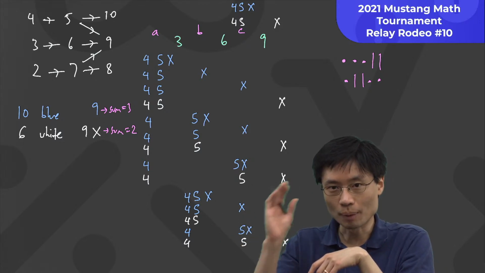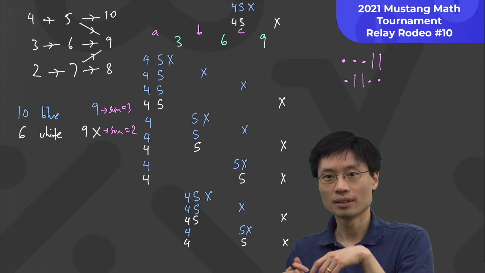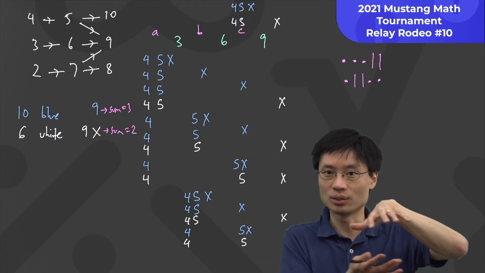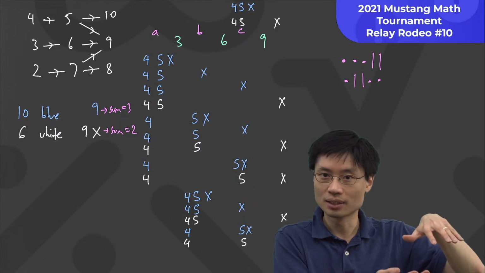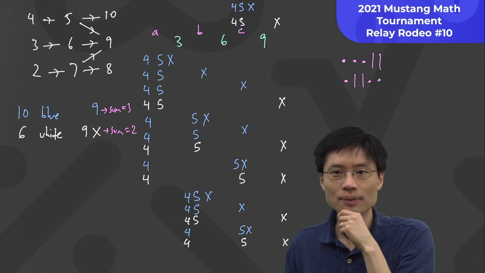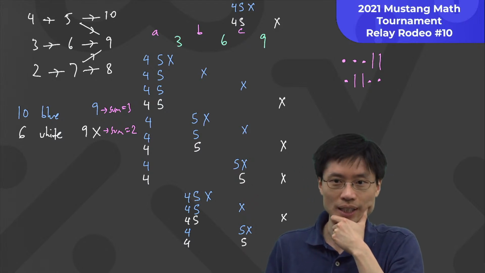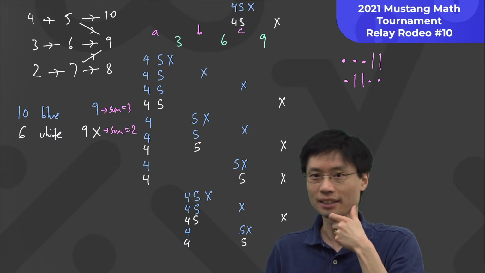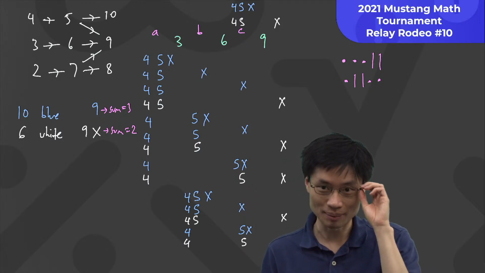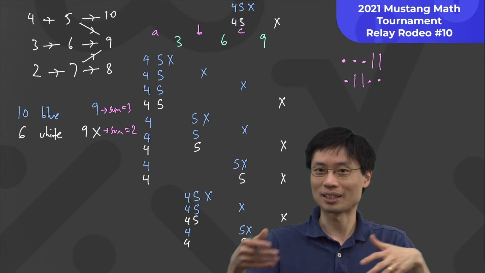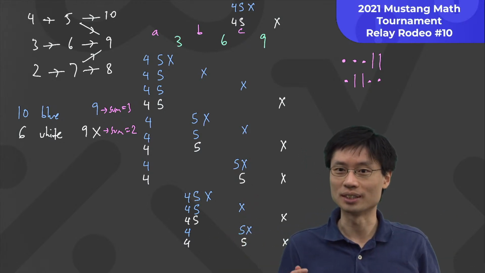Once you've dropped the 9 down, then you have this problem of putting the 4, 5, the 3, 6, and the 2, 7 before it. Although I will say it still has some flavor of what's going on here in order to figure that out. Depending on how your brain works, that might indeed work very well. I also want to emphasize, I was doing this in a way where I was trying to discover it and show you how you discover it.